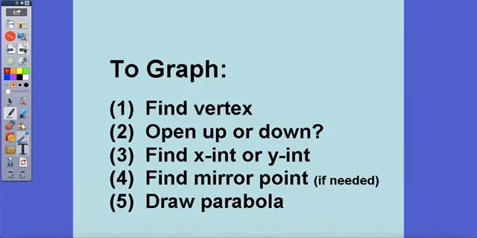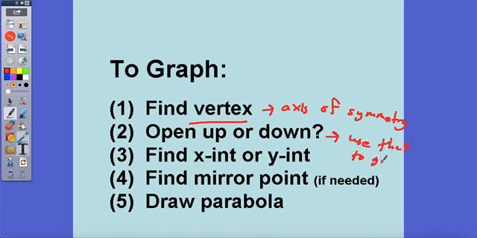Okay, so generally speaking, when we graph, you find the vertex and also the axis of symmetry. You decide if it opens up or down, and then use that to graph points 1 unit left and right of vertex.